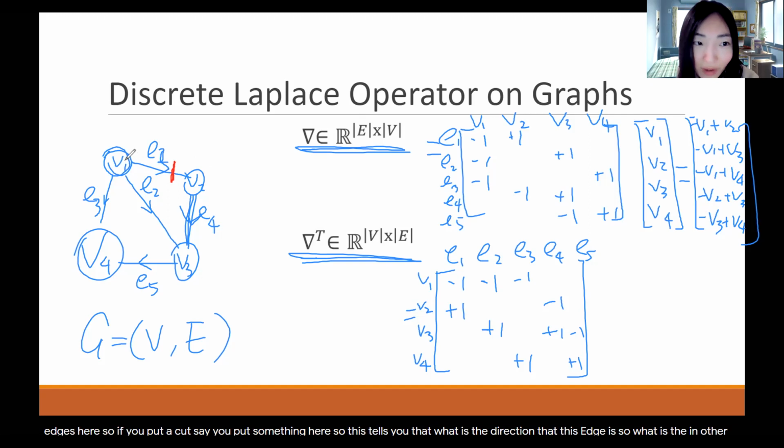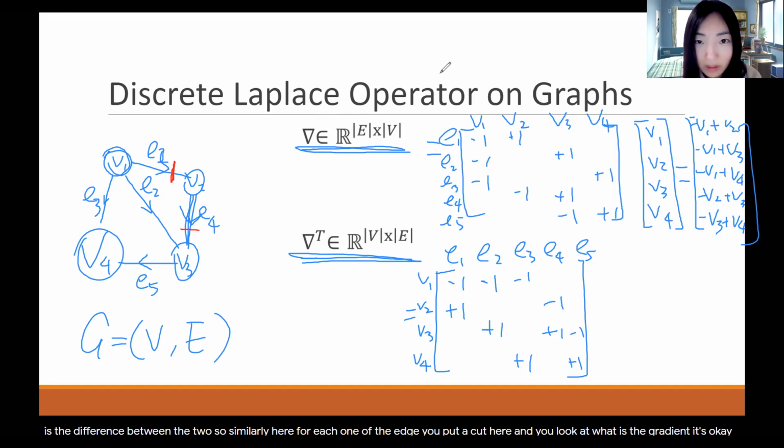It's flowing from v1 to v2, so you have a gradient of v2 minus v1, the difference between the two. Similarly, for each one of the edges, you put a cut and look at the gradient. In the physics world, this is the gradient of the graph.